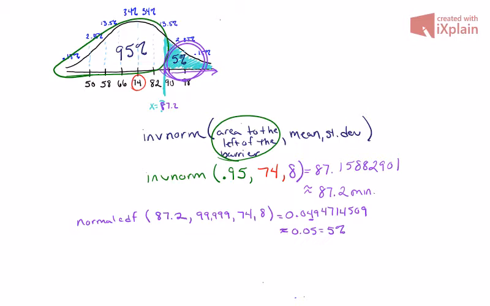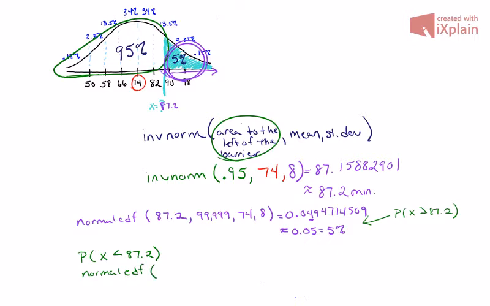What if I instead wanted to know the probability that the time my students took their test is less than 87.2? I should have indicated that for the previous one, this is the probability that x is greater than 87.2. Well, in this situation, I would do a normal CDF.